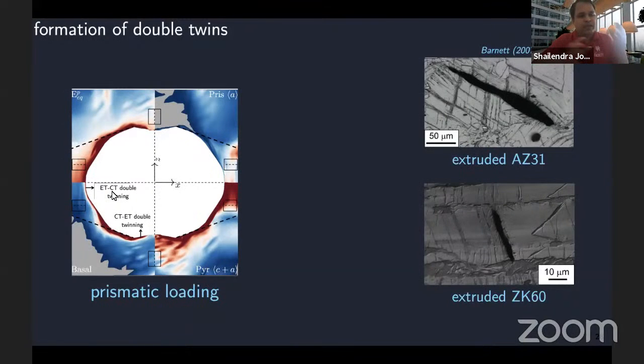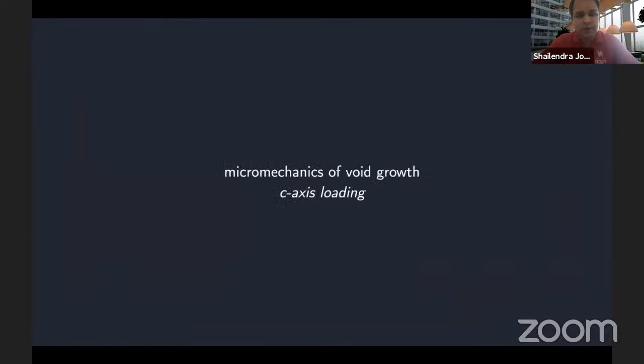Within extension twins, you get contraction twins on one side, on the equator, as I would call it, and on the pole side of the void, you see extension twins inside contraction twins. So you get different families of double twins in the regions around the void, or in the very near vicinity of the void. Those are some really interesting results that we can capture through these high fidelity simulations.